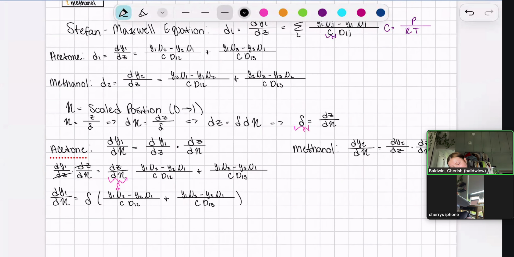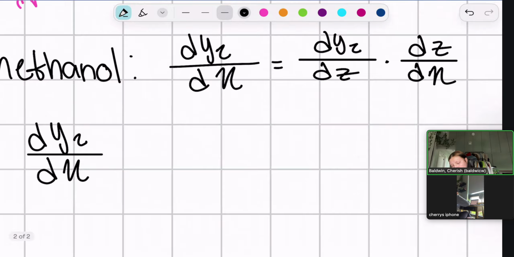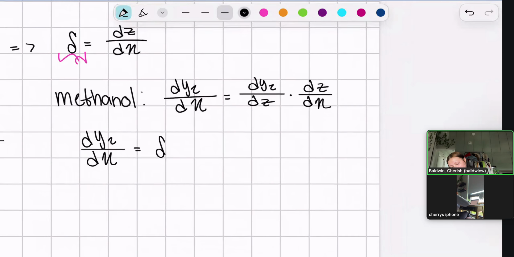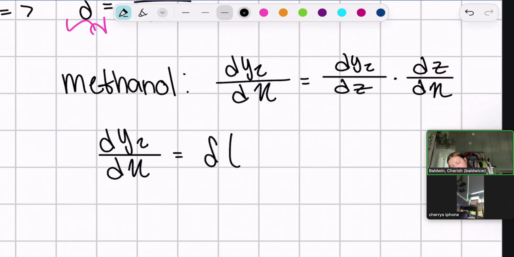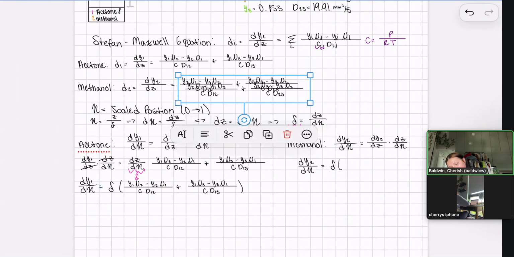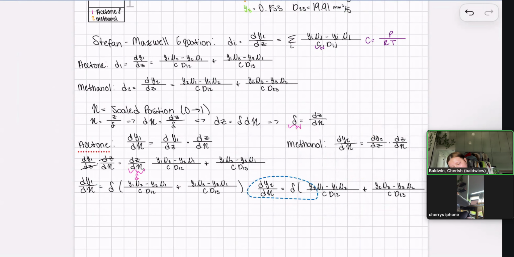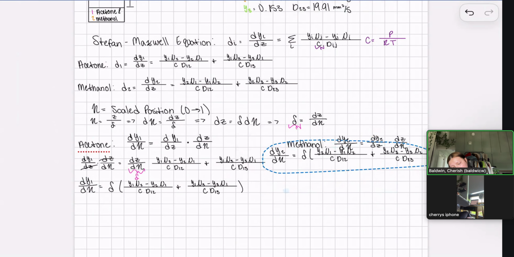So then that leaves us with the derivative of the mole fraction of methanol over the derivative of the scaled position is equal to the tube length over this. Oh crap, this is not gonna fit. Okay.